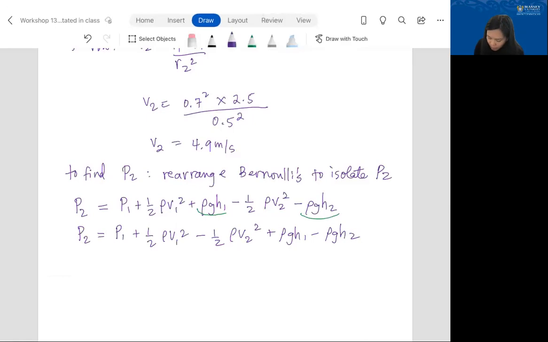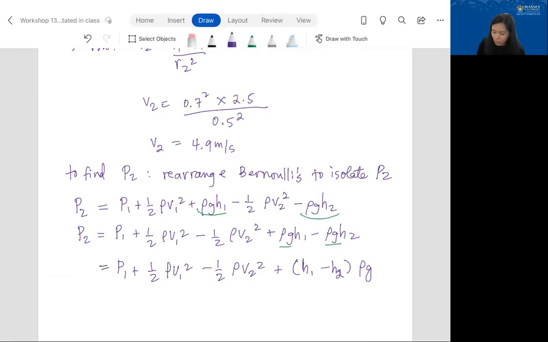Then you can easily see how to factor out rho G. If we do the factorization, we have P1 plus 1/2 rho V1 squared minus 1/2 rho V2 squared plus, rho G is common to this term, so you have H1 minus H2 times rho G.